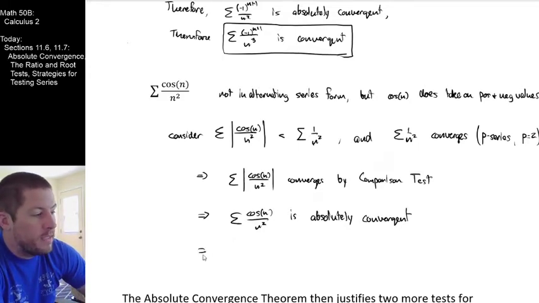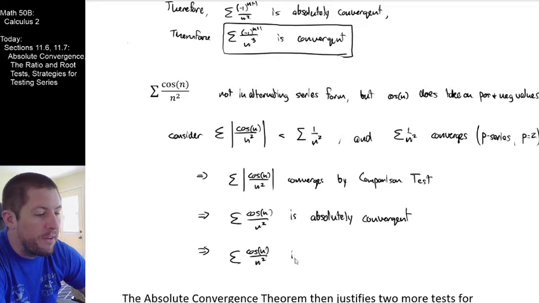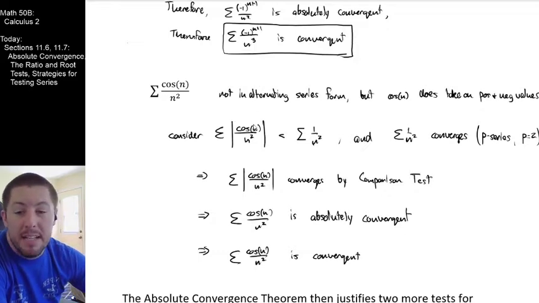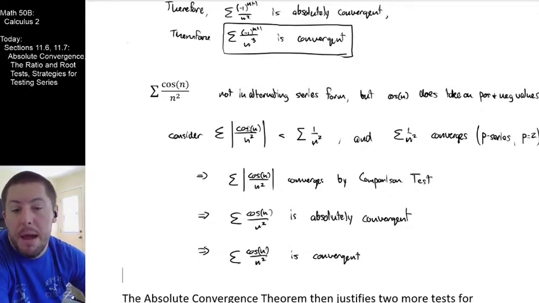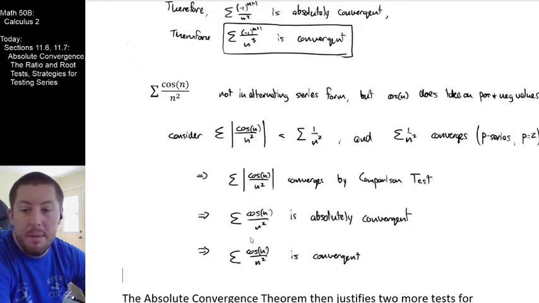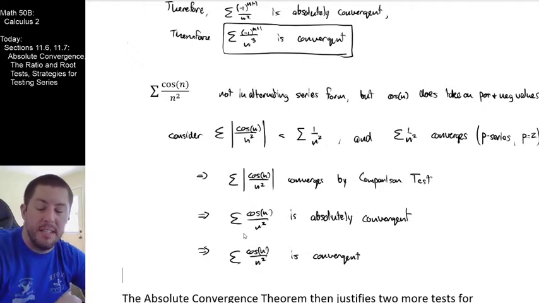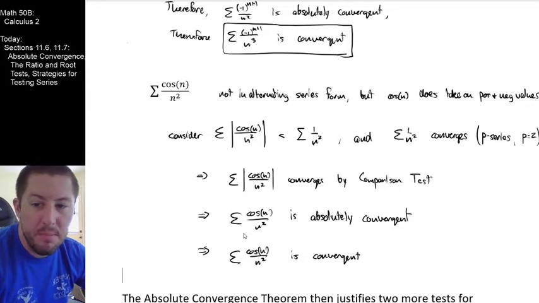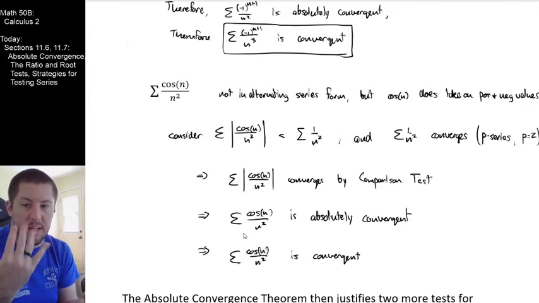And therefore, I can say that the series is just convergent, because if you're absolutely convergent, you're definitely regular old convergent. If we converged even when we considered all the numbers coming out of cosine to be positive, then it better be the case that we converge here too. And honestly, think about this also: the cosine is probably going to have repeating terms, the same positives as the negatives.